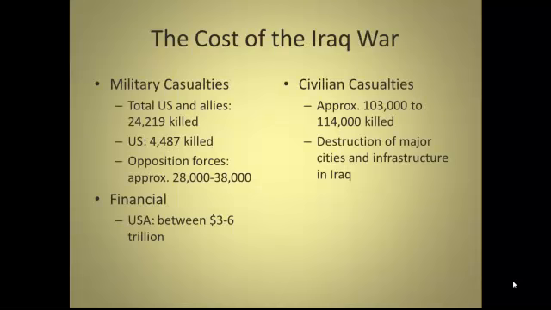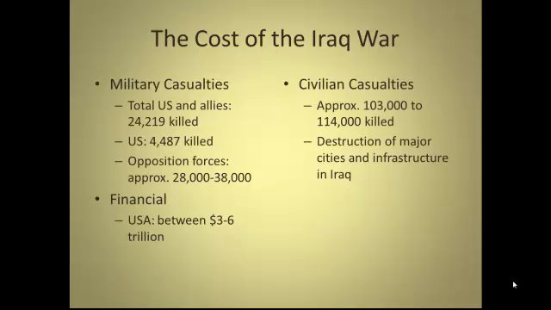So let's talk about the cost of the Iraq War. In terms of casualties, the United States and its allies lost about 24,219 soldiers. The United States itself lost 4,487. And the opposition forces, the forces the United States was fighting, lost between 28,000 and 38,000.